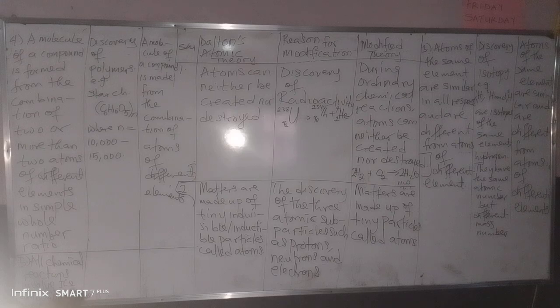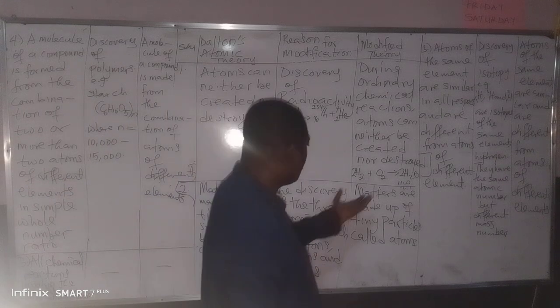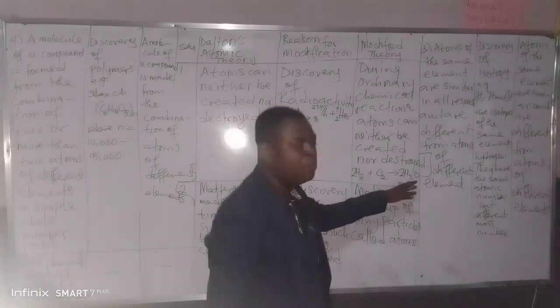So nobody has ever counted this up to now. So all chemical reactions involve combination of atoms to form a molecule or separation of atoms. So we are stopping Dalton's atomic theory here.